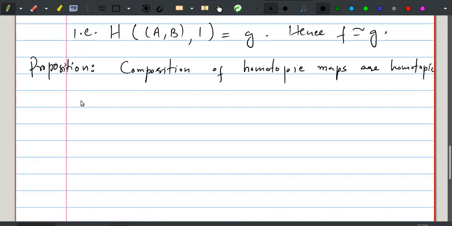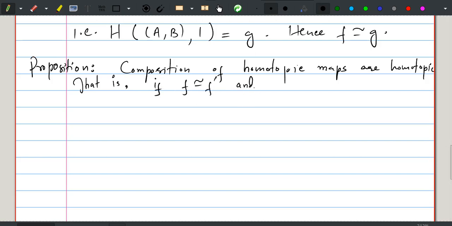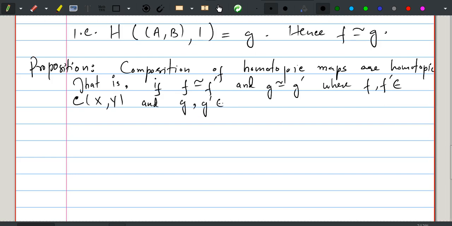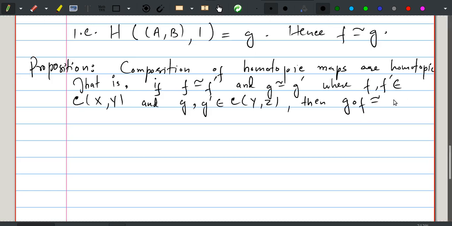That is, if f is homotopic to f prime and g is homotopic to g prime, where f and f prime are continuous maps from topological space, say x to y, and g and g prime are continuous maps from topological space, say y to z, then g composed with f is homotopic to g prime composed with f prime.